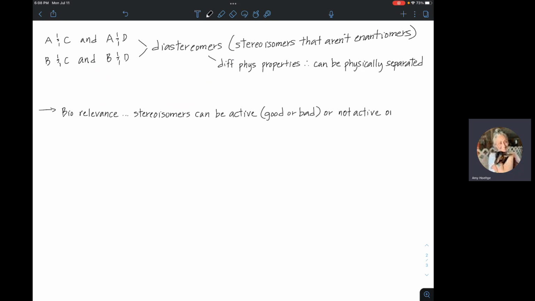Or it can be mildly, or say a little less reactive, like pseudoephedrine compared to ephedrine, right? So in terms of biological relevance, something that might stand out to us would be that amino acids for humans are left-handed.